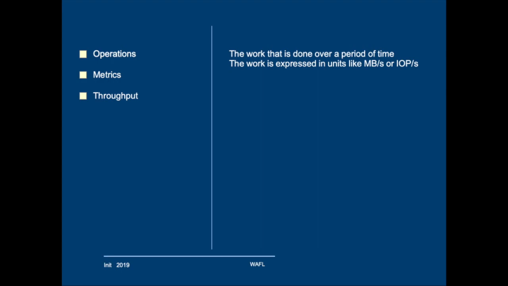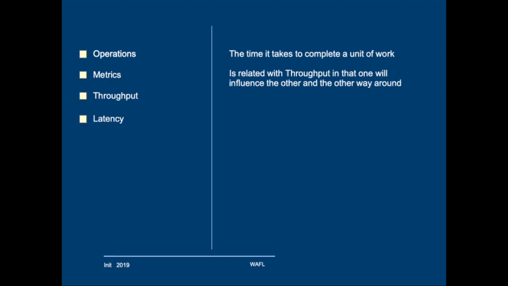Then we have something which is called throughput. Throughput is the work that is done over a particular period of time. So the work will be expressed in units like megabytes per second or I/O operations per second. So throughput is actually what is being done during a time interval. Latency is the time it takes to complete a unit of work.